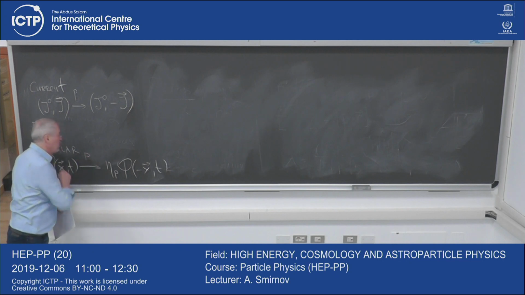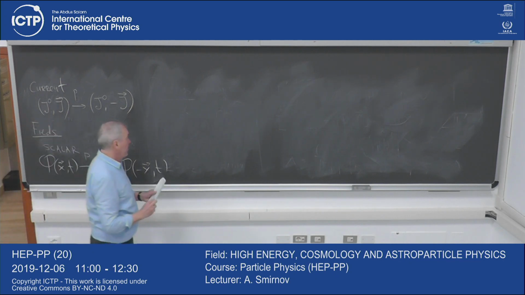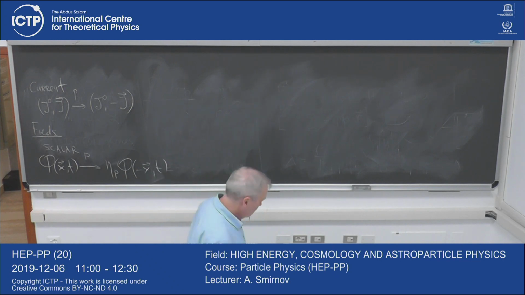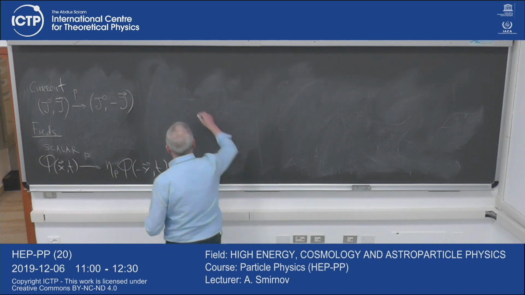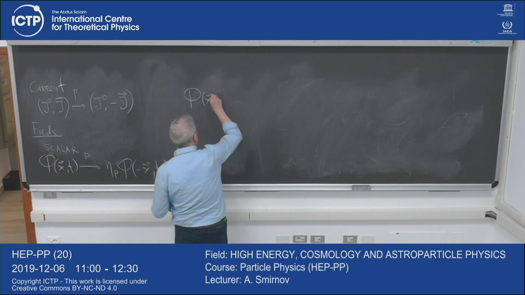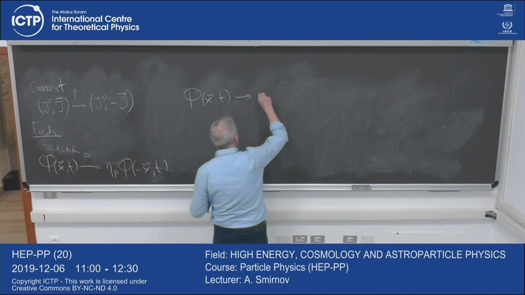And this eta P can be plus or minus 1. Why? Because if we do the P transformation twice, then we are back to the initial state. So after double transformation, our x, t dependence doesn't change.